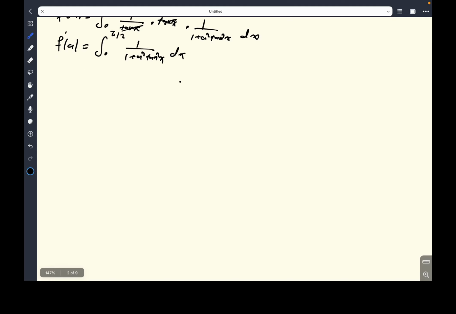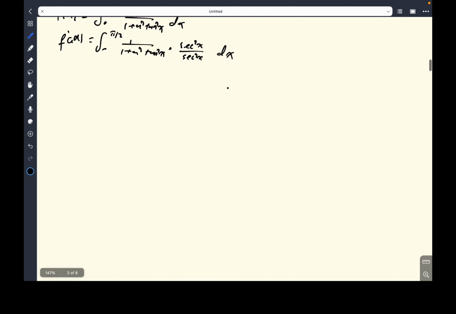I'm going to do a change of variable, but before that I'm going to multiply and divide by secant squared x dx. I'm allowed to multiply by 1 as long as I'm just multiplying and dividing. So I'm going to say t equals tan x and dt equals secant squared x dx. Did you see why I did that?